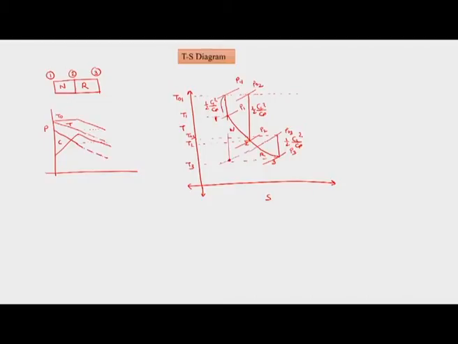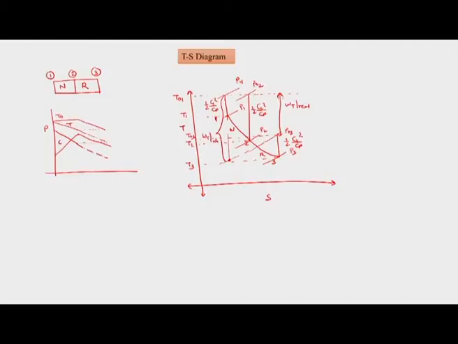So this would have been the turbine work in ideal condition, but this is our turbine work in real condition.